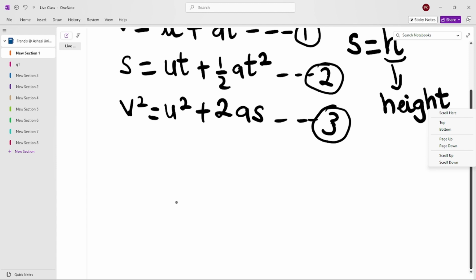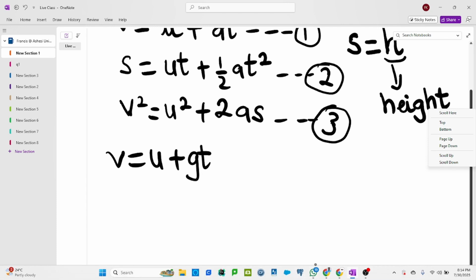Okay, so for the first equation, we have v equal to u plus gt. And the second equation, we have h is equal to ut plus half gt squared.